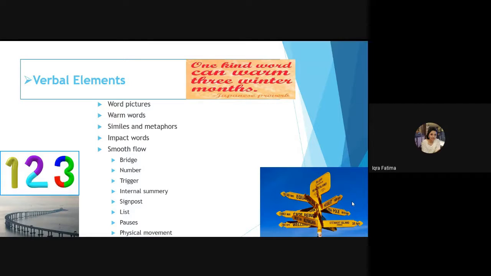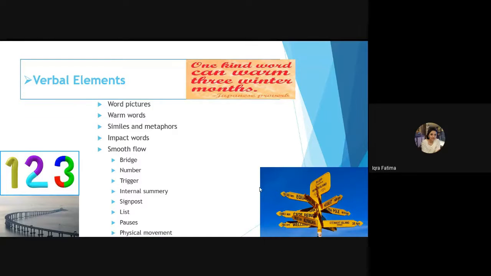If I'm saying that I am teaching you because you have your presentation next week, I am linking two different things together by saying because. So these words, meanwhile, because, furthermore, moreover, are the bridges, which are transitional words you can use to have a smooth transition of your speech.